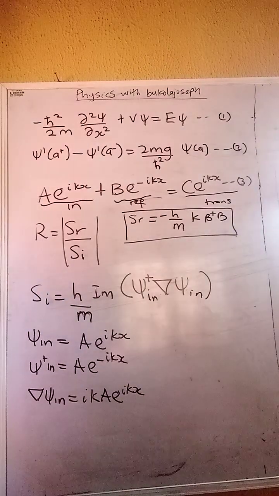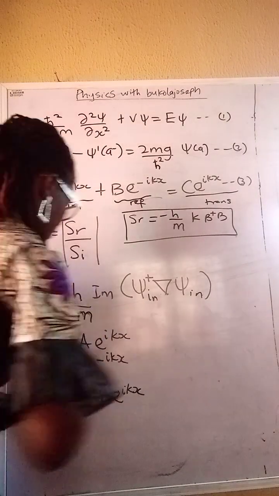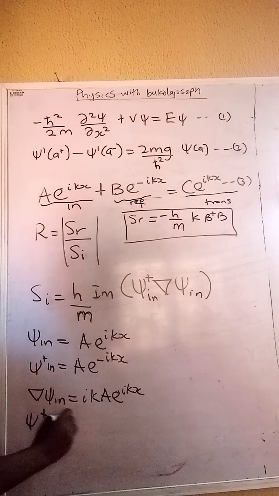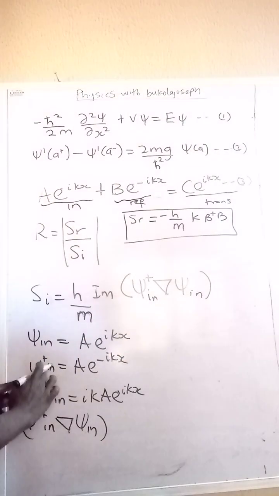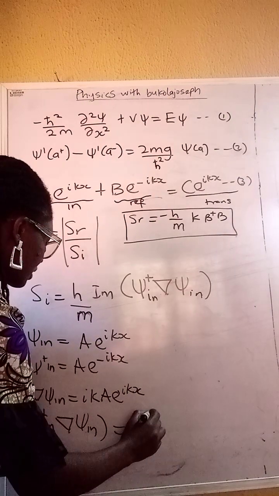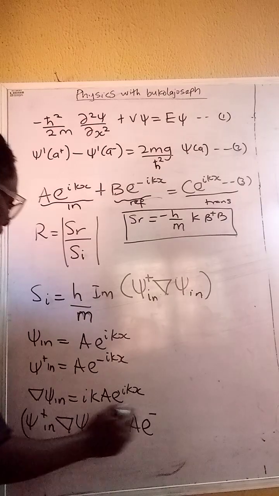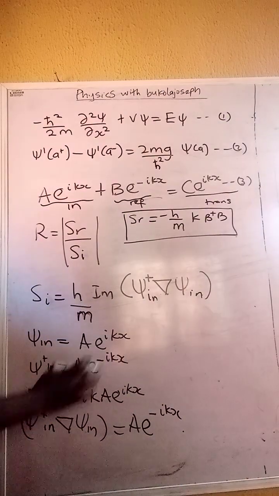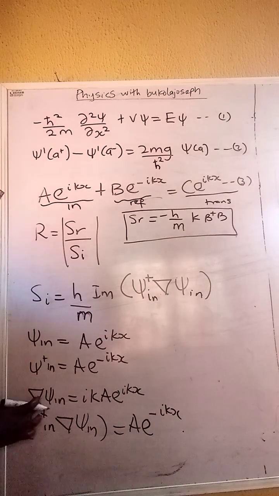Is that okay? So what is the next thing we'll do? We'll find the whole of this bracket. What will be the whole of this bracket? We have psi dagger in, then multiplied by psi in, that's the next thing, which is this.